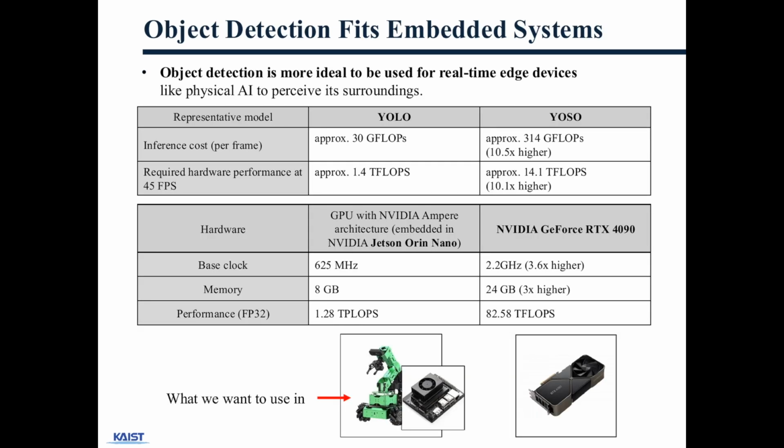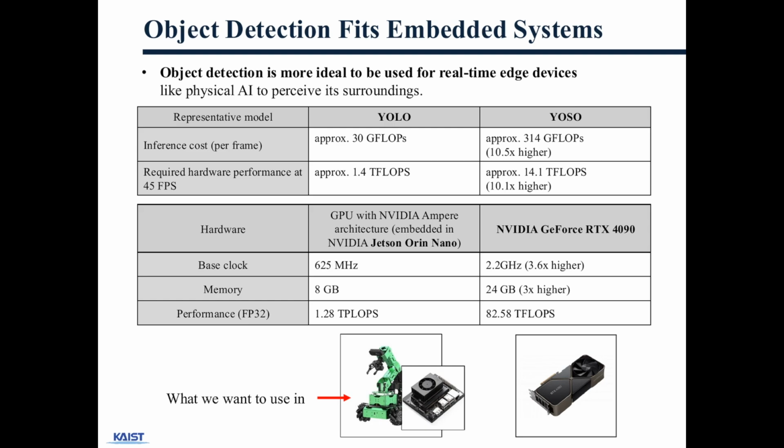How much computation does it require to do detection versus segmentation? It takes 30 gigaflops for YOLO, and for segmentation, it is 33 times higher. I think the robot that we have can do about a teraflop of operations. YOLO can do 45 frames of detection per second, which requires 1.4 teraflops, while segmentation requires much more, around 58 teraflops.